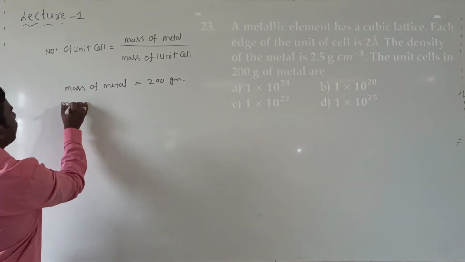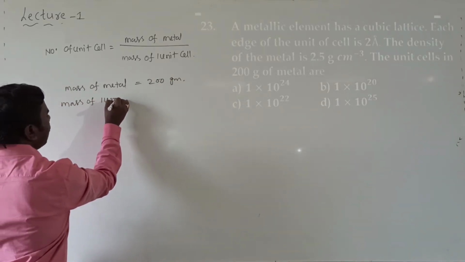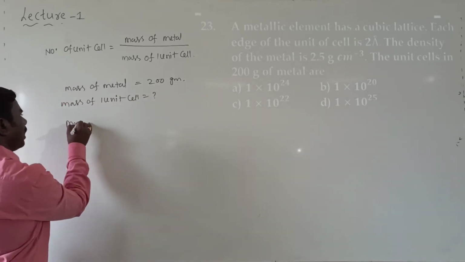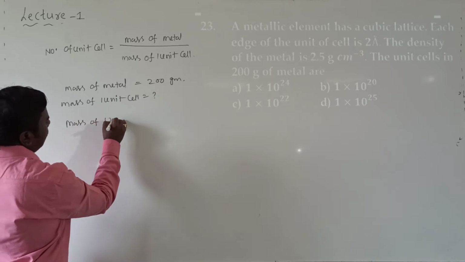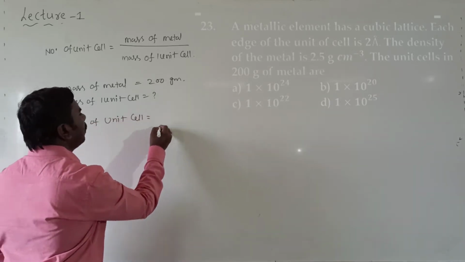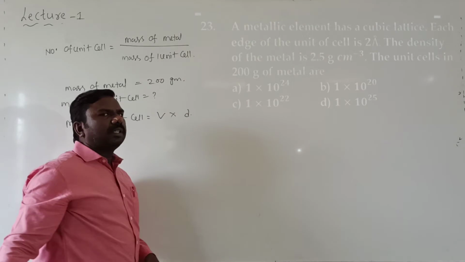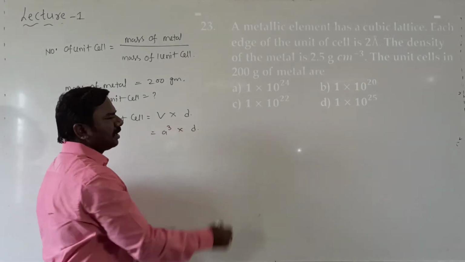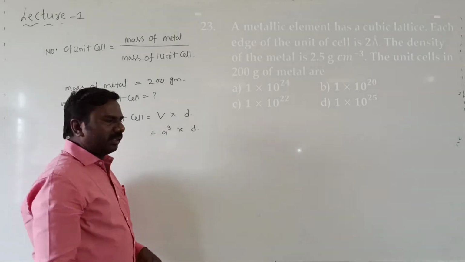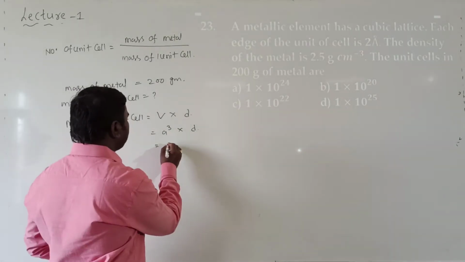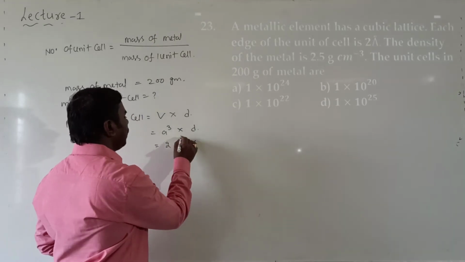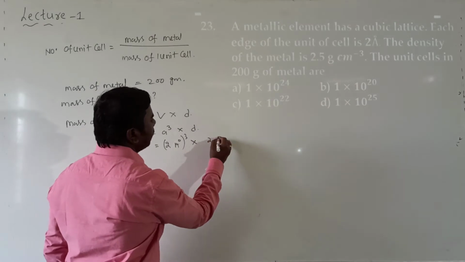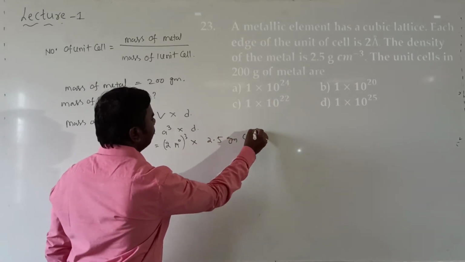We should know the mass of one unit cell. That is equal to how much? Mass of unit cell is equal to volume into density. Density equals mass by volume, where volume equals a cube. So understood, a will be 2 angstrom units, into density 2.5 grams per centimeter cube.